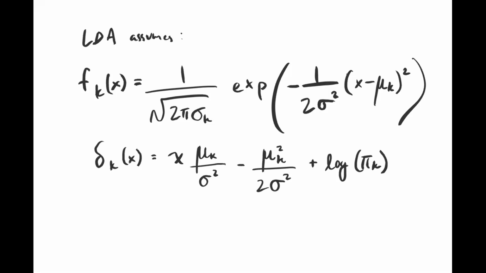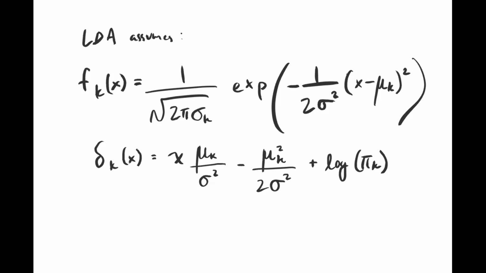So this equation helps us to, it's the discriminant that essentially allows us to estimate the probability of your different outcomes.